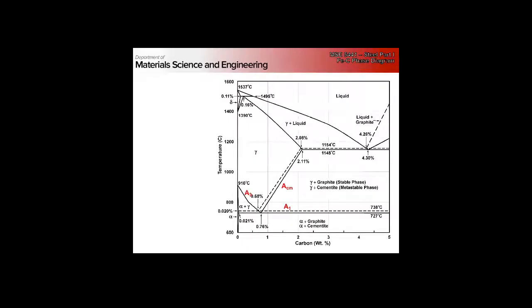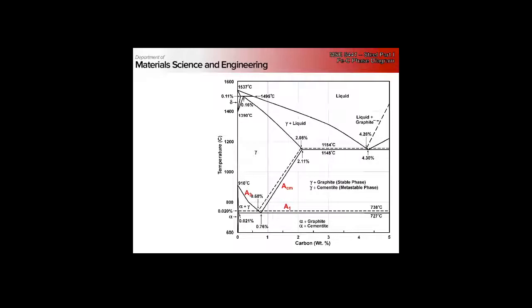So we'll keep coming back to this, and you should be able to make a simple sketch of at least this part here of this phase diagram, basically from memory, knowing the key critical points, right?